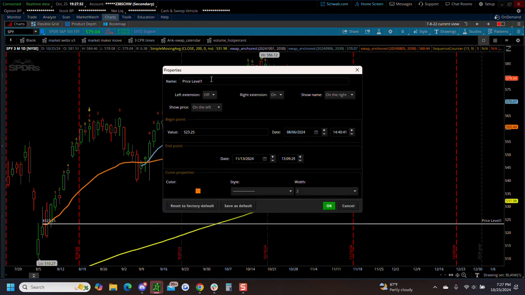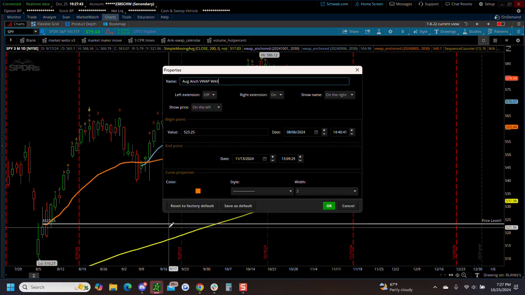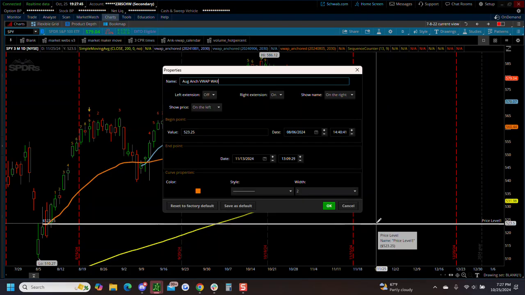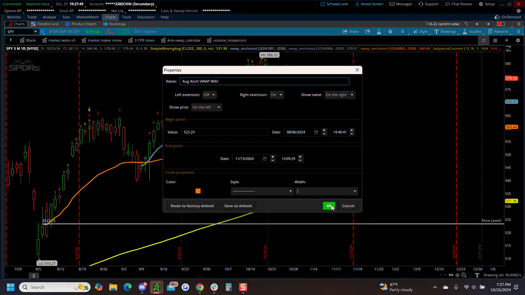Then I put on there August anchored VWAP wall. That's where anchored VWAP started in August, so that's going to be a bounce point if and when we ever get down there. I definitely want to have that marked out on my charts.